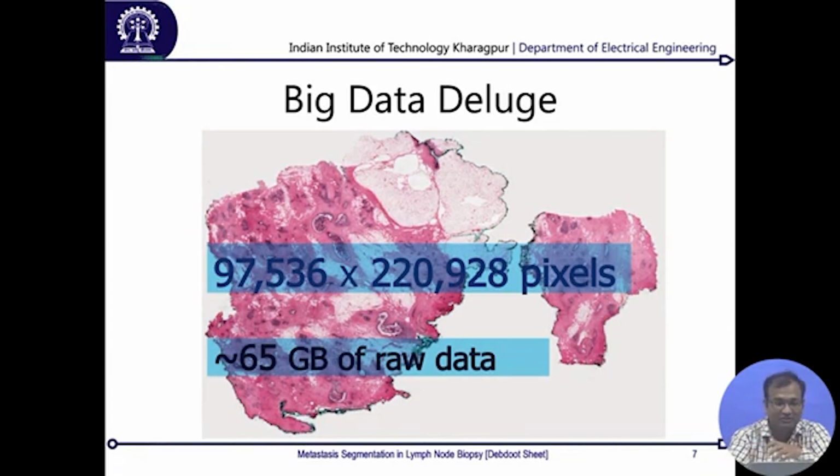Now, if you consider one of these examples, one virtual slide will have something around 97,500 by 220,000 pixels, and that together comes to about 65 gigabytes of raw data in itself. That's not a small number, because imagine this one single slide is equal to one of your 64 GB pen drives of data.